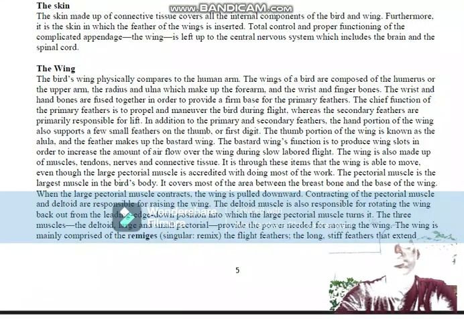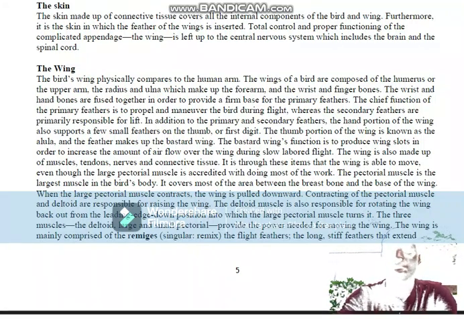This thumb portion of the wing is also known as the alula, and the feathers which make up this part are called the bastard wing. The bastard wing functions to produce the wing slot, in order to increase the amount of air flowing over the wing during slow flight.